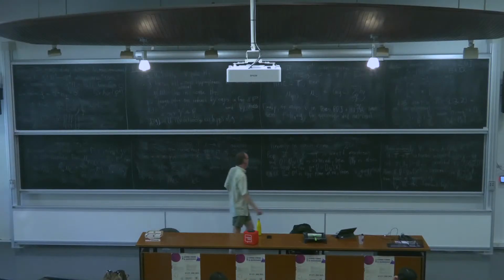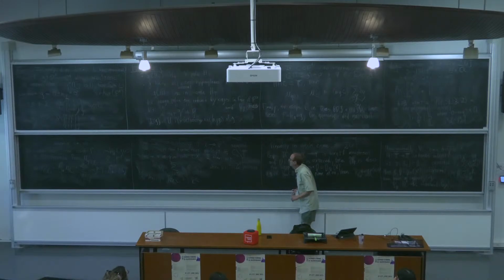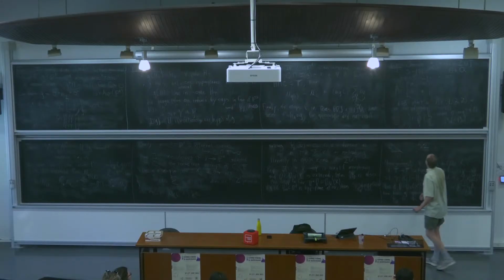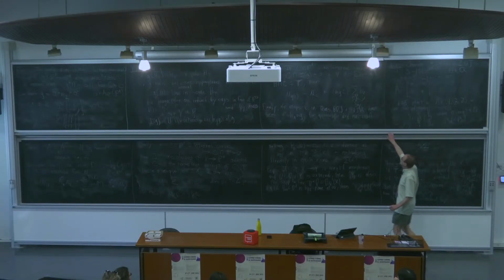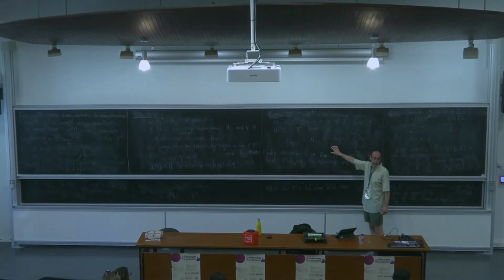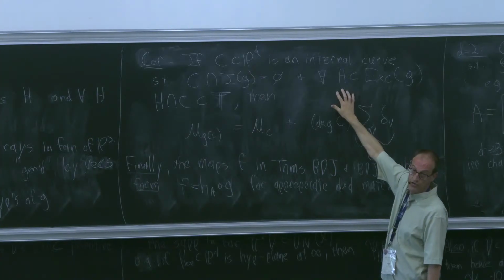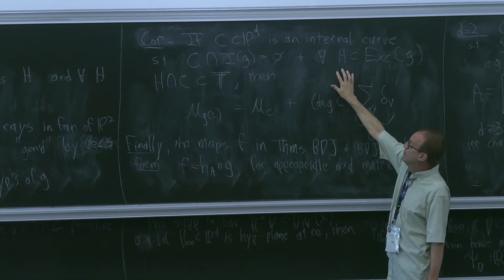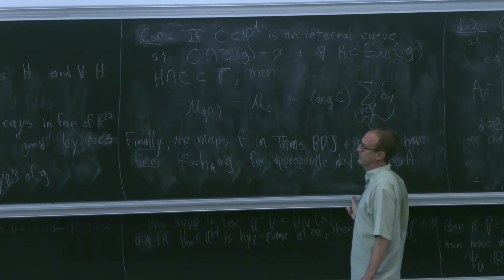So when you map the line forward, you want to keep using this formula applied to forward images of L. But this formula has conditions on it, so you need to make sure that the forward images of L satisfy those conditions.